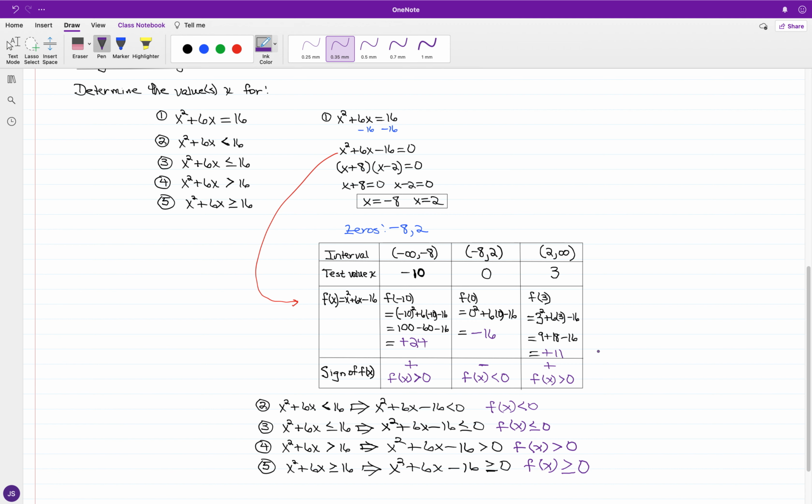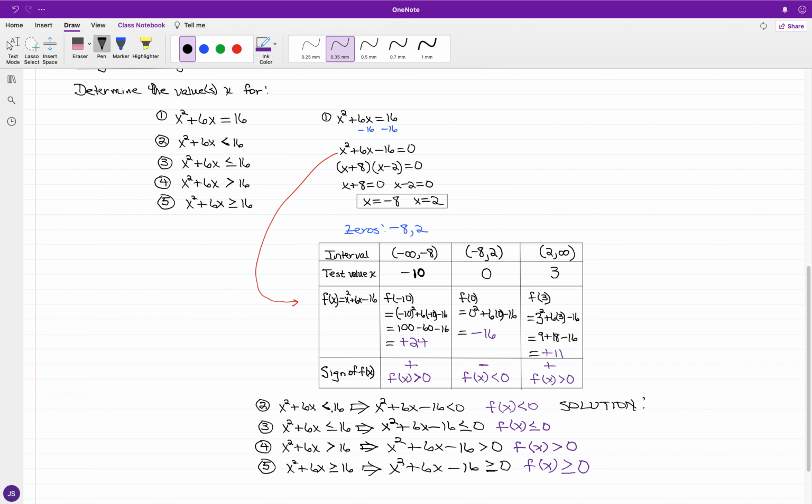Okay, so in each of these, we're going to have the solutions. Notice we have f of x is less than 0. So in terms of interval notation, there will be no brackets, just parentheses.